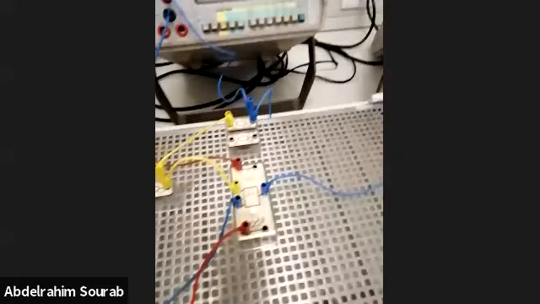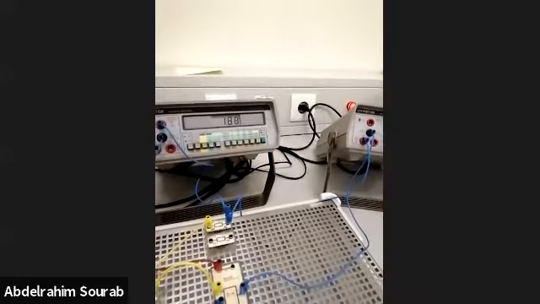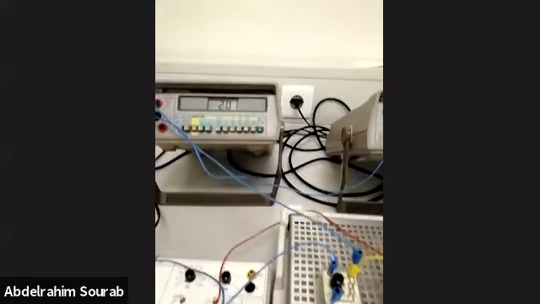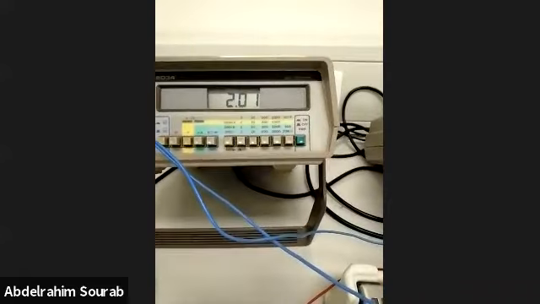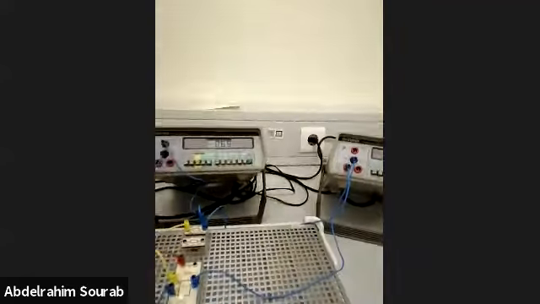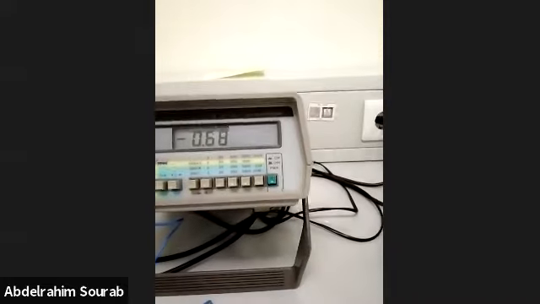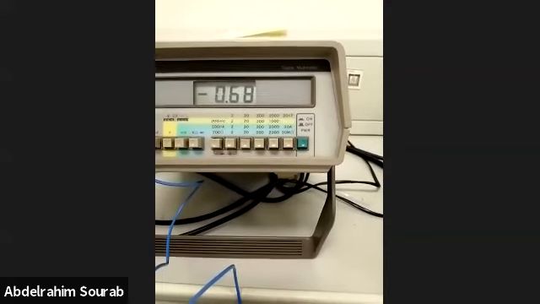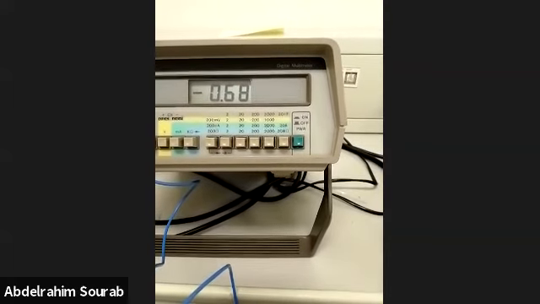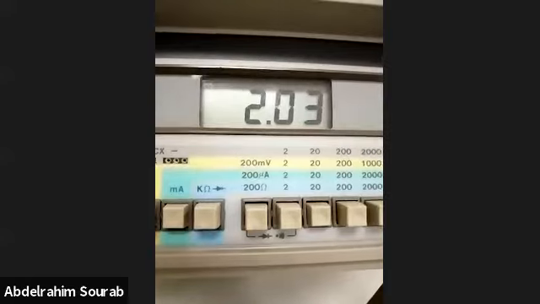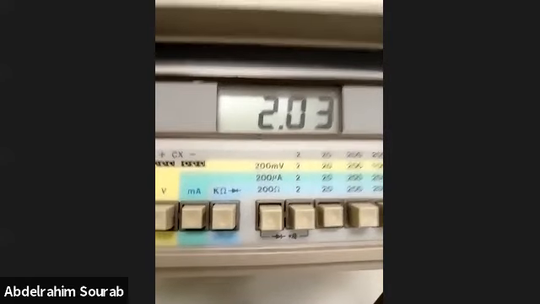And then let us operate the circuit again. Here is 2 volt. The minus V load is minus 0.68, and the current is still constant, 2.02 milliampere.